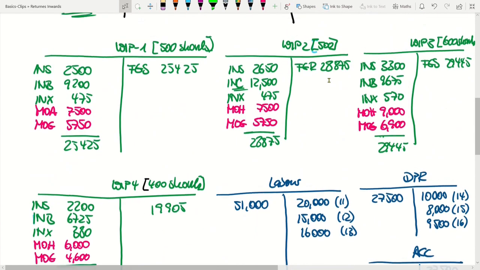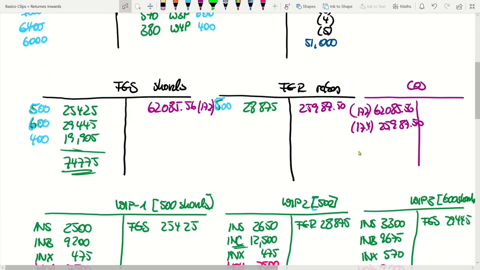Go to the cost of sales account, where the total will be 62,085.56 plus 25,987.50, which gives me 88,073.06.